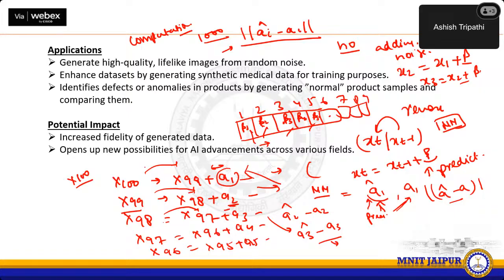So no doubt, if we compare the computational complexity of this model with the generative adversarial network, the diffusion models are more computationally complex than the generative adversarial network.